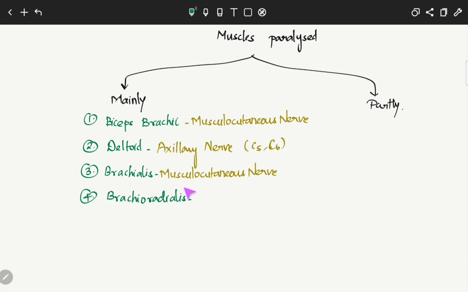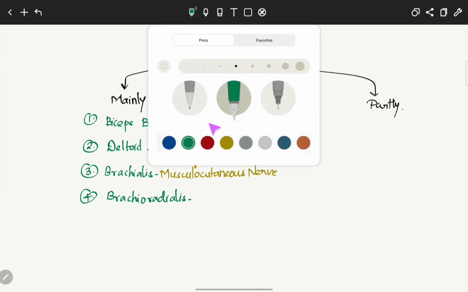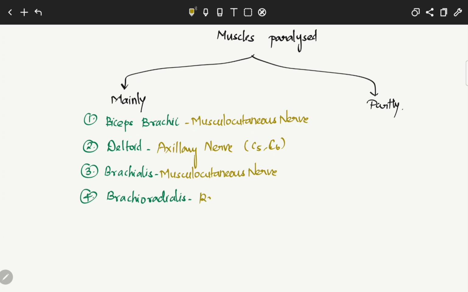The next muscle is the brachioradialis muscle, which is supplied by the radial nerve. If you see the root values of all the nerves, you can come to a conclusion why these muscles are affected. The musculocutaneous nerve, the axillary nerve and the radial nerve all have the same root value, that is C5, C6. So these muscles get affected.